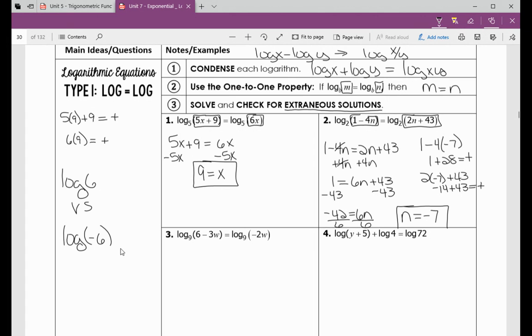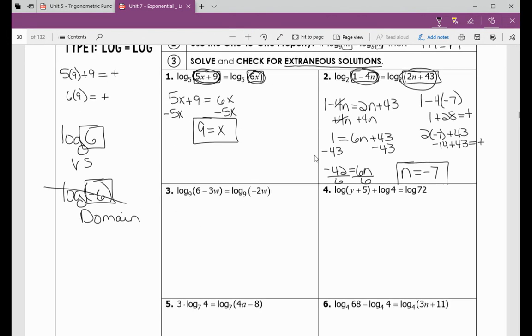You should get the domain error because this value has to be positive. That one's not. So that's why we have to check our answers, because if any of our answers cause this, or this to be a negative, we have to throw it away.